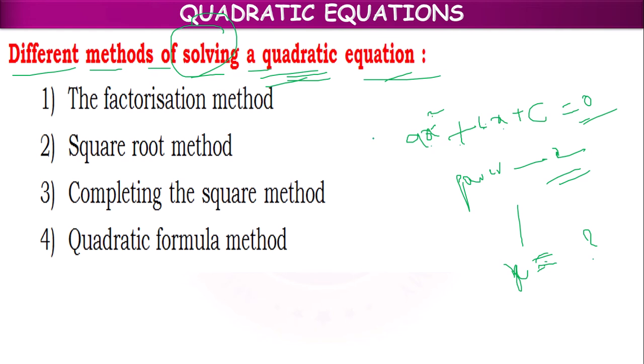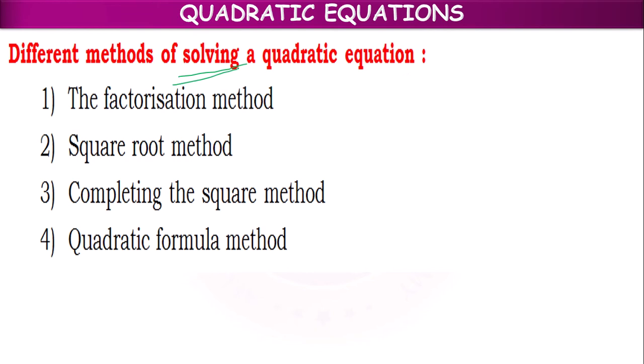A quadratic equation consists of at most, means maximum, 2 roots, 2 values of x. They are called roots of equation or zeros of equation or solutions of the equation.